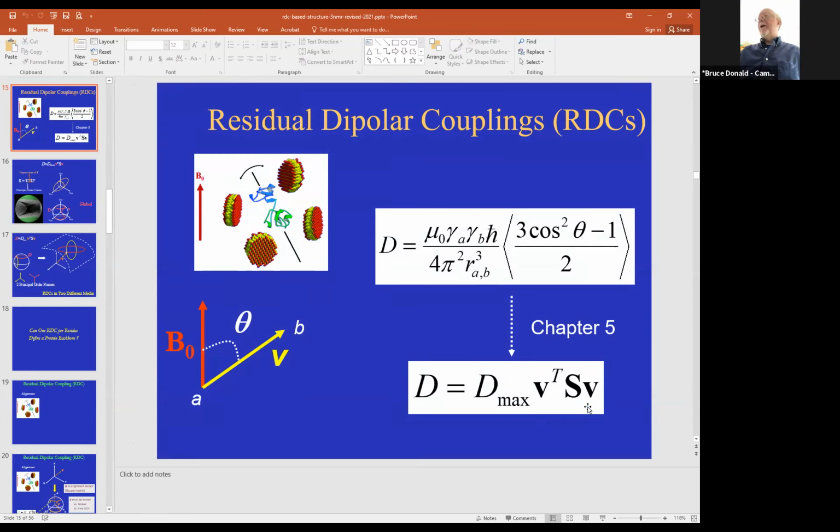And if we have an alignment tensor, then we can simulate or back calculate all the dipolar couplings. That means for a structure, you can calculate what the RDC data should be if your alignment tensor is correct, right? So that's called back calculation. I call it simulation, which is pretty reasonable, I think.